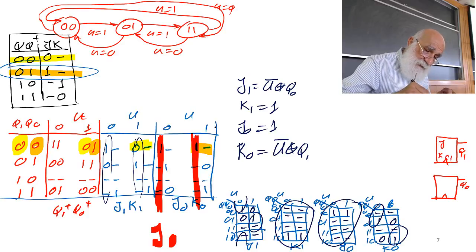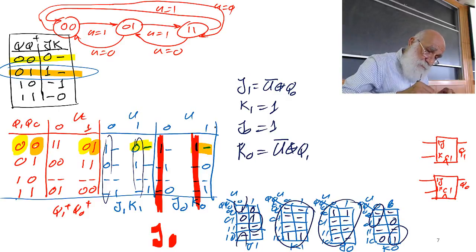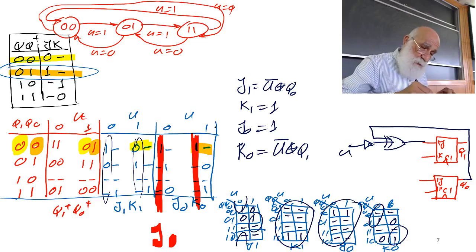JK, C1, okay, J1 is U bar XOR Q0. K1 is 1, J0 is 1, and K0 is U bar Q1.